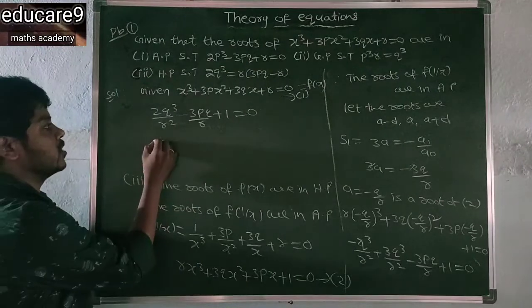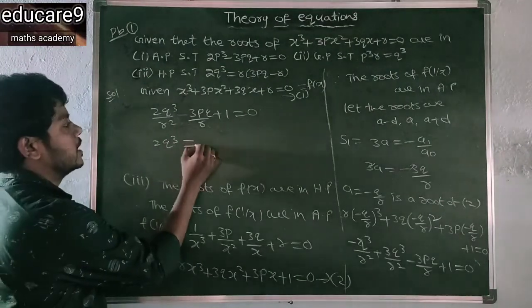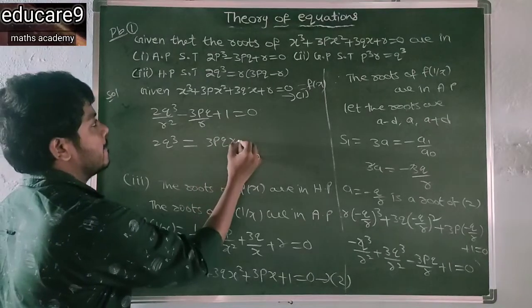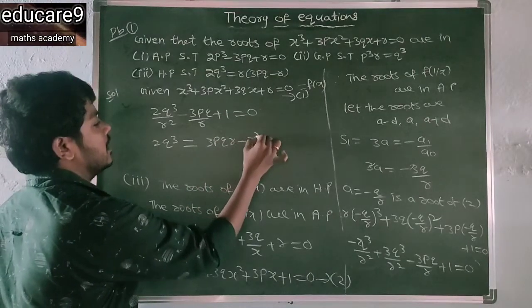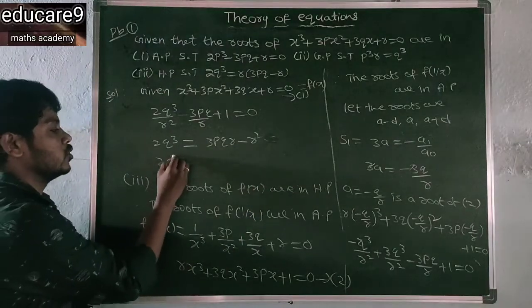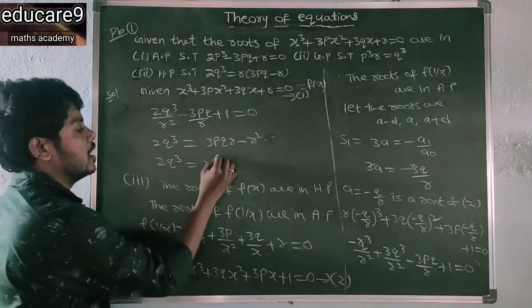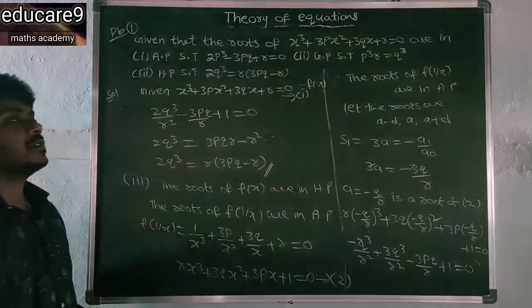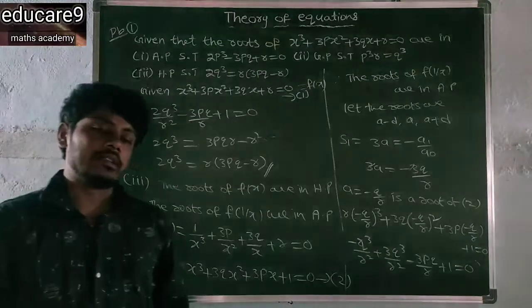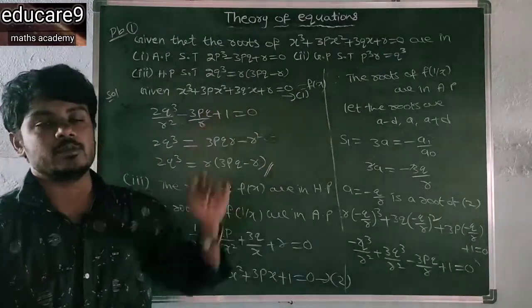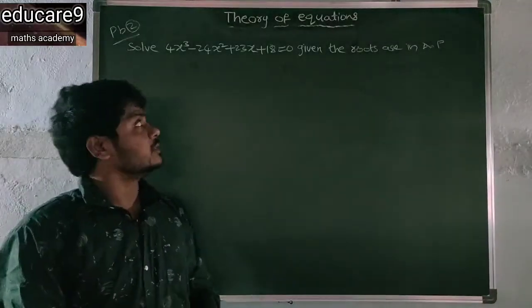So clearly 2q cube is equal to 3pqr minus r square. Therefore 2q cube is equal to r into 3pq minus r. So these are the three conditions if the roots are in AP, GP, HP. Okay, so see the next question.